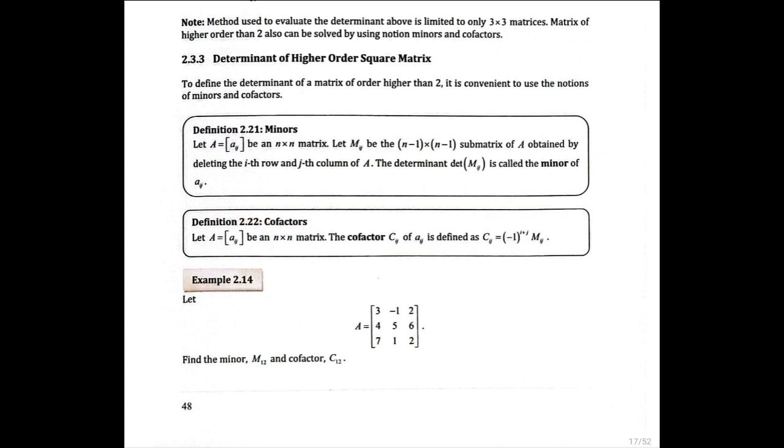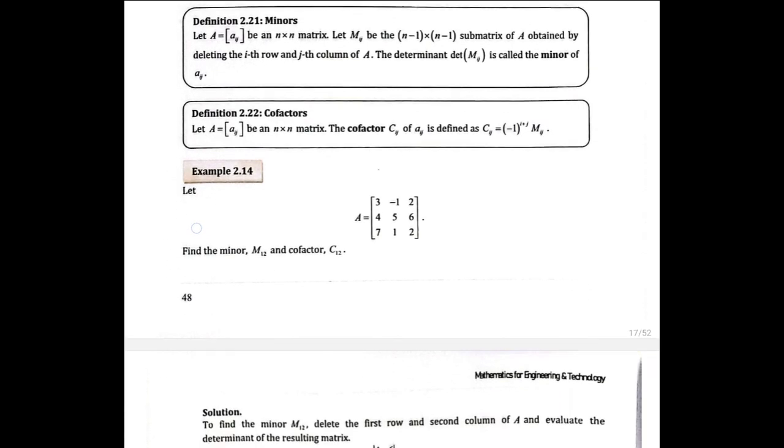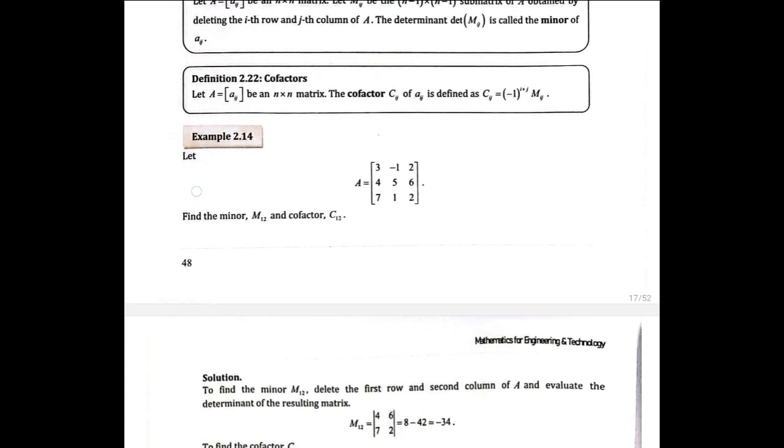Together, these minors and cofactors help us to calculate the determinant more systematically. Now, let's try to demonstrate how to use minor and cofactor in finding the determinant. Let's find one example of a minor and its cofactor.